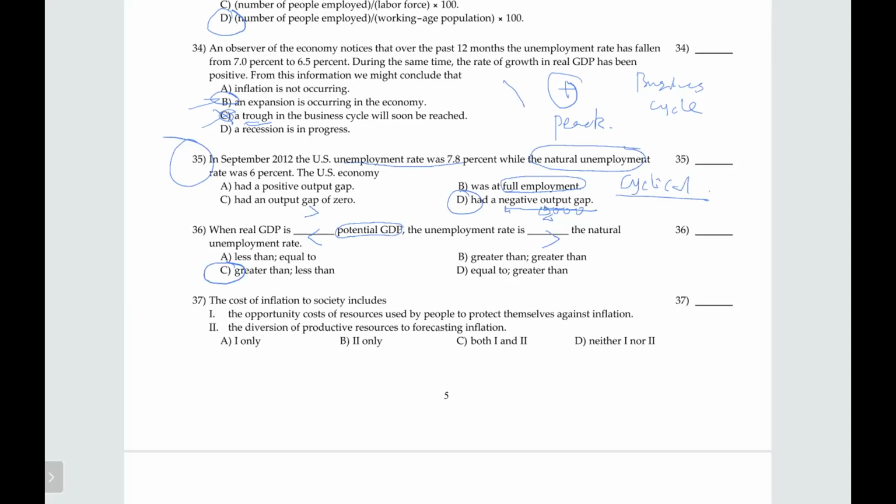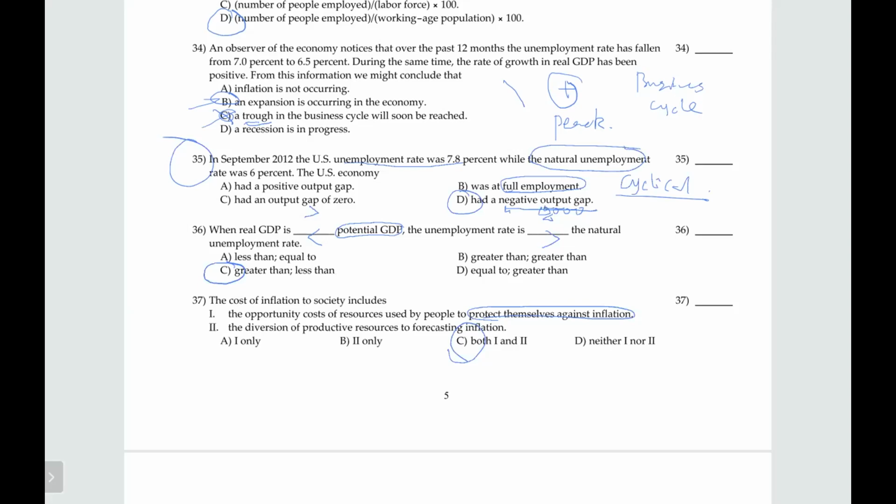37. The cost of inflation to society includes... The answer is C. It includes the opportunity cost of resources used by people to protect themselves against inflation. How can they protect themselves against inflation? They just use the cash they received to buy goods and services.